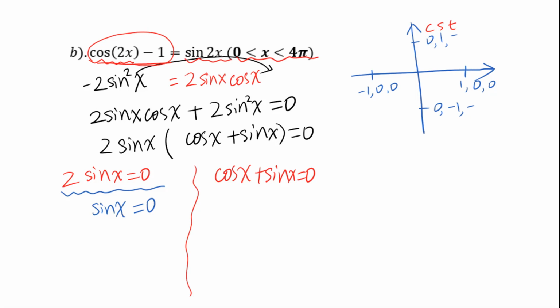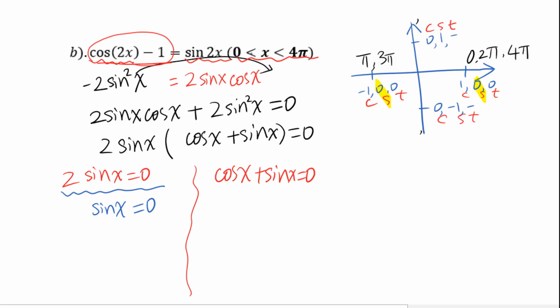Let's label. Sine x equals 0 is here. Therefore, we can only label these angles: 0, pi, 2 pi, 3 pi, 4 pi.